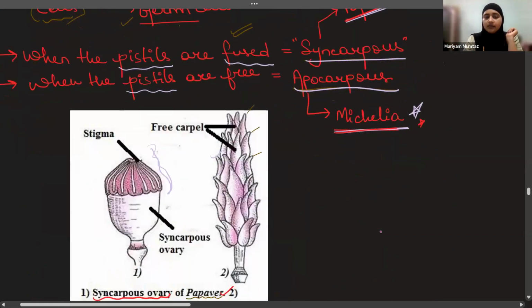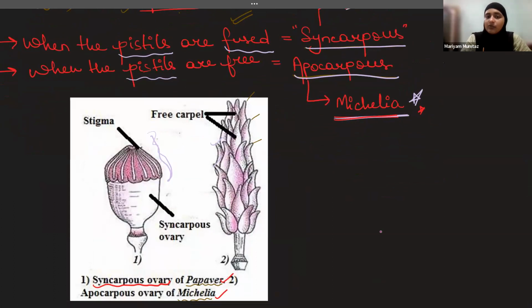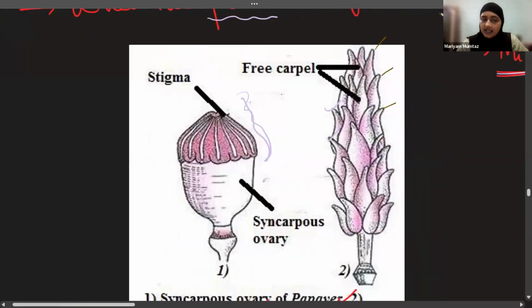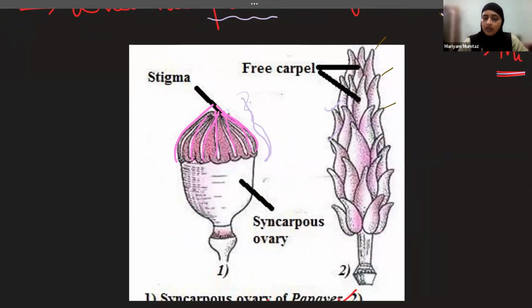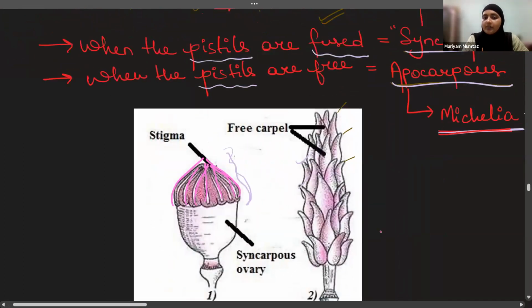Now, the pistils exist in two kinds of conditions. One is in a fused state and one is in a free state. Now, if you look at this particular diagram, the first one, you would see that all of them are joining at one point here. You see this? This type of pistil is known as syncarpous.